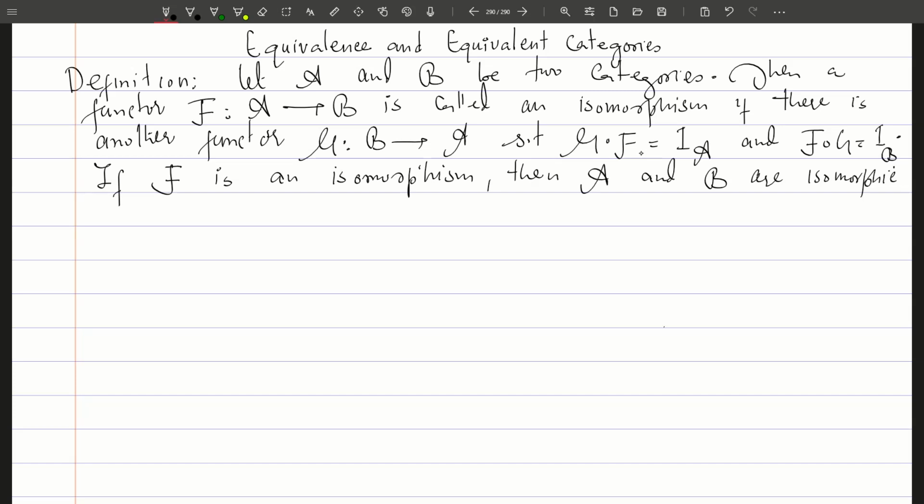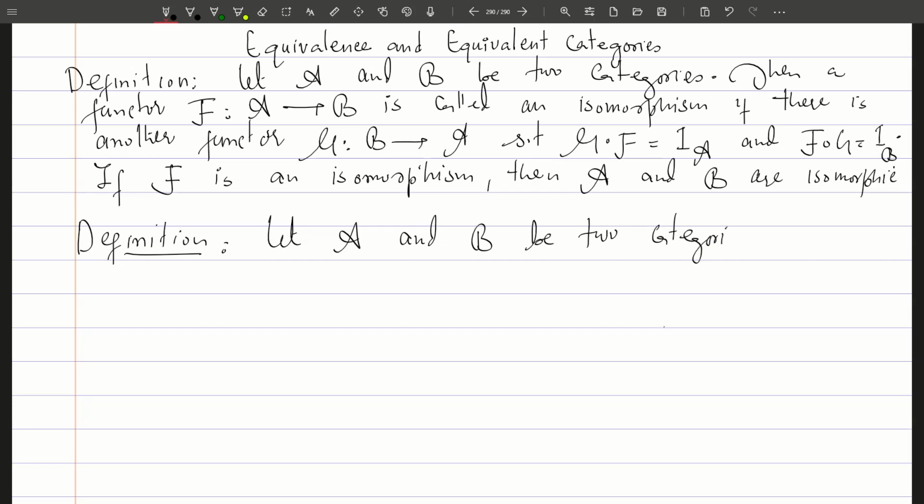So we'll first define what we mean by equivalence, and this is the definition of equivalence. So let A and B be two categories, and let F from category A to category B be a functor.